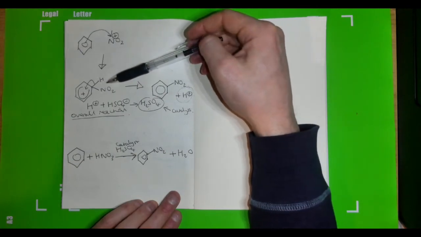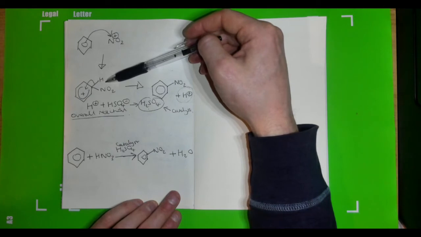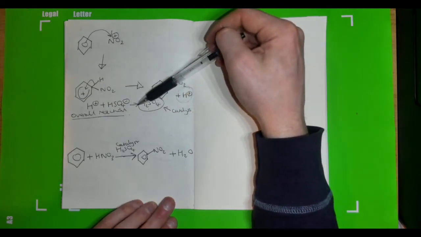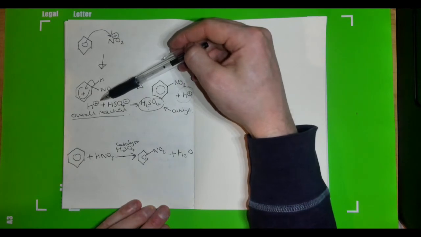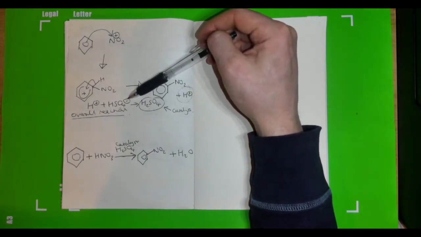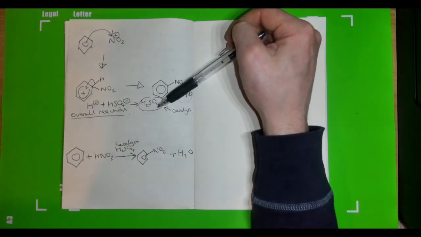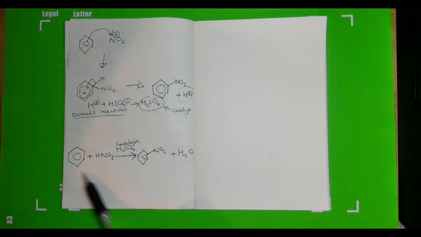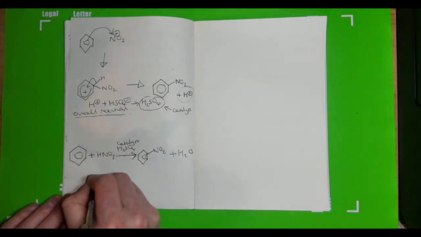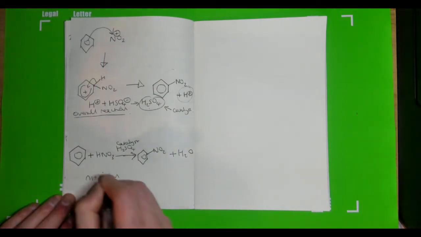And the second step is the removal of a proton from the structure. The final step is the proton removed from the structure reacting with the HSO4- that was produced in the first step to regenerate the catalyst. Overall, this is the reaction. So this is nitration of an arene.